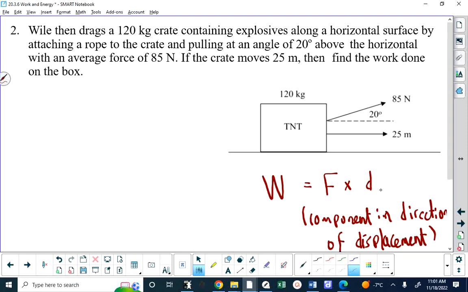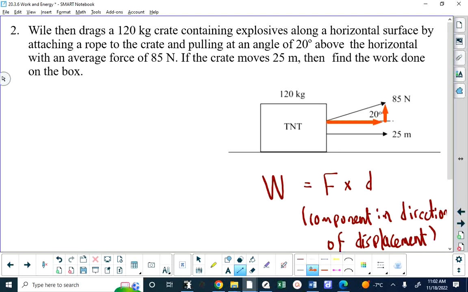Well, you're all smart. You can find the component of the force that's in the direction of that 25-meter displacement. It's a trigonometry problem. The hypotenuse, vectorally speaking, I don't know if that's a word or not, but in terms of vectors, the hypotenuse of this little vector diagram is the 85 newtons, and the angle is 20 degrees.